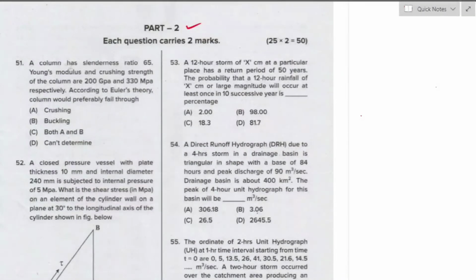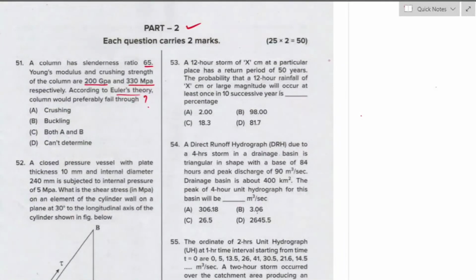Now let's begin with the part 2 questions. Question number 51. A column has a slenderness ratio of 65. Young's modulus and crushing strength of the column are 200 GPa and 330 MPa respectively. According to Euler's theory, column would preferably fail through. We know that according to Euler's theory, it is valid only when the slenderness ratio is greater than or equal to critical slenderness ratio.